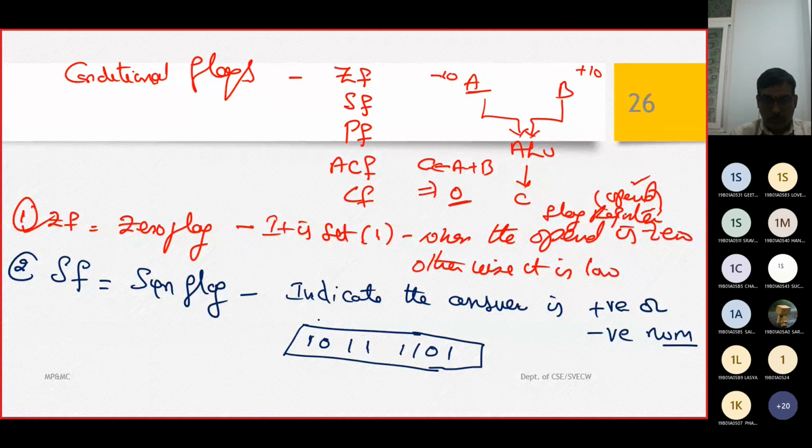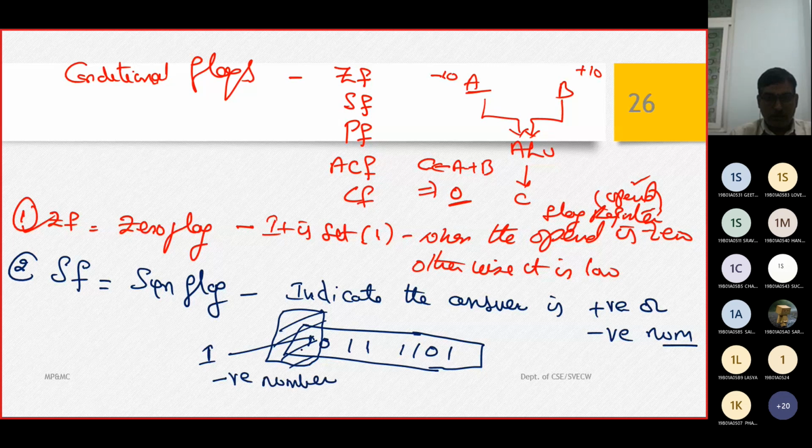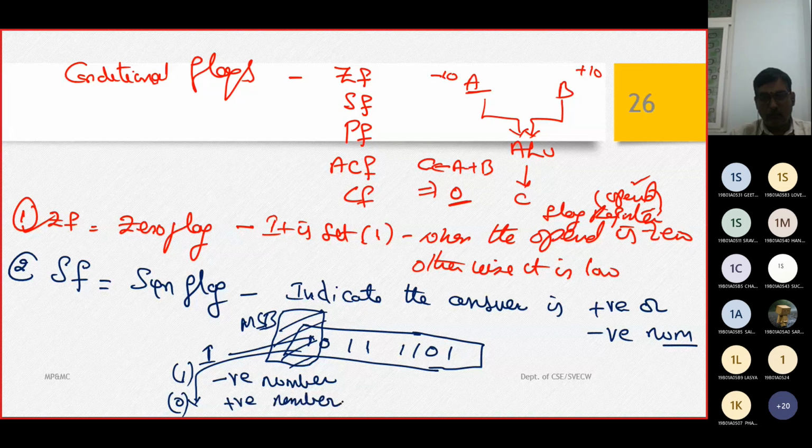Now, the most significant bit we are going to look at: if this value is 1, we indicate it as a negative number, and if the most significant bit is 0, then we indicate it as a positive number.